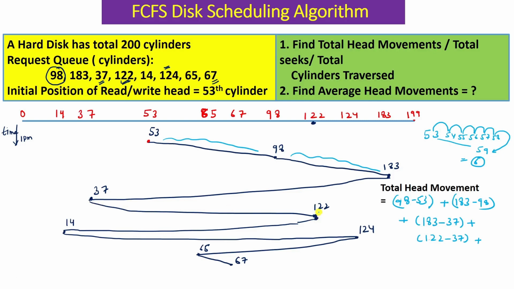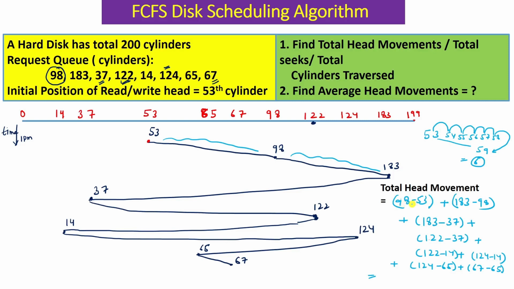Then you subtract 122 minus 14. Then you subtract 124 and 14. And then you move from 124 to 65, which means you subtract 124 minus 65. And lastly, you went from 65 to 67, basically 67 minus 65, that is only 2. So now you can just add all the head movements.